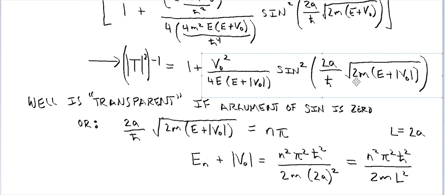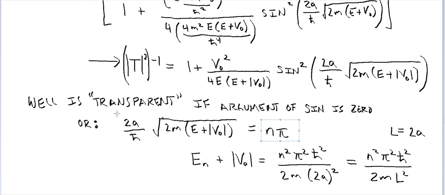And so that will happen if the argument of this sine is 0, right? Or sine squared is 0. It'll also happen anytime this stuff in parentheses is equal to some integer multiple of pi.